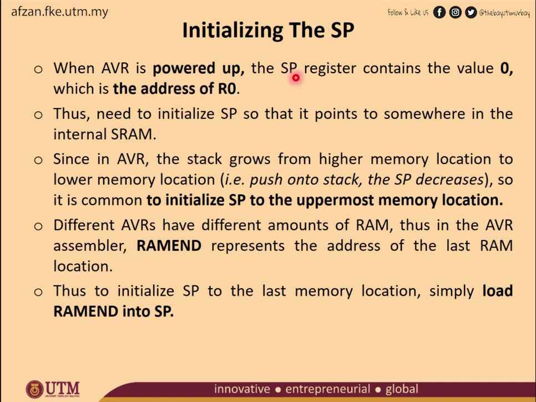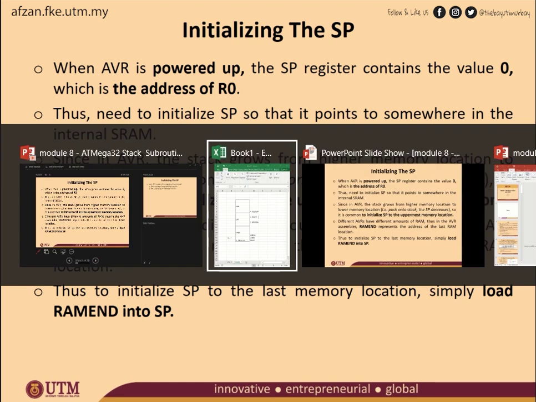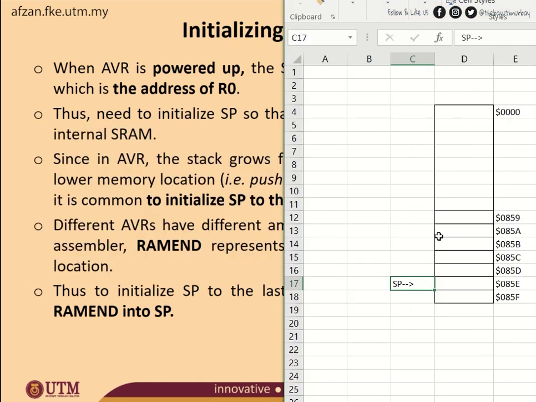So that's why the stack pointer also becomes 0, right? So that's why it points to address 0, which is the address of your R0. This is your address 0, the first stack pointer when you power up.